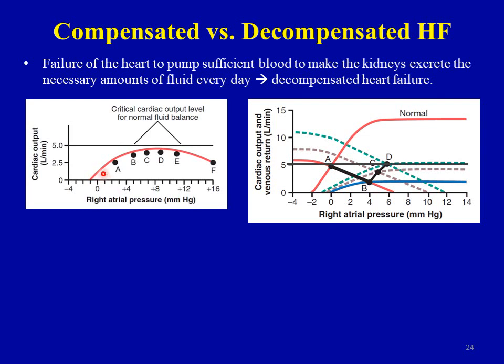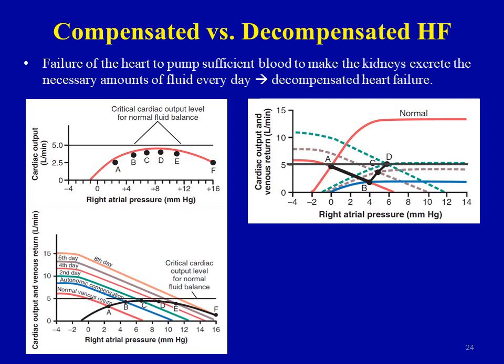The kidney will continue to retain fluid, and the ventricle will be stretched and stretched and stretched, and according to the Starling law, the cardiac output will start to decline due to the overstretch of the ventricular wall and the loss of cross bridges between the thin and thick filaments in the myocardium or in the sarcomere.